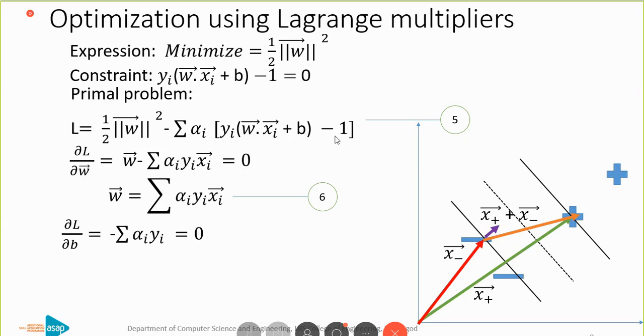And the last term will also be 0. So you'll get minus alpha i yi equal to 0. This is the condition you got now. So now you got an expression for W, and you also got a condition like this.